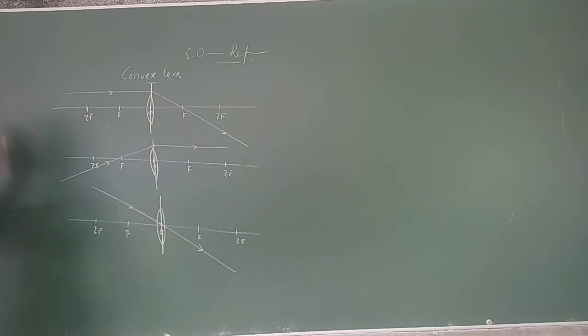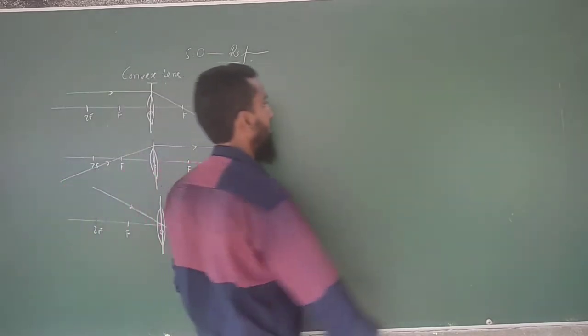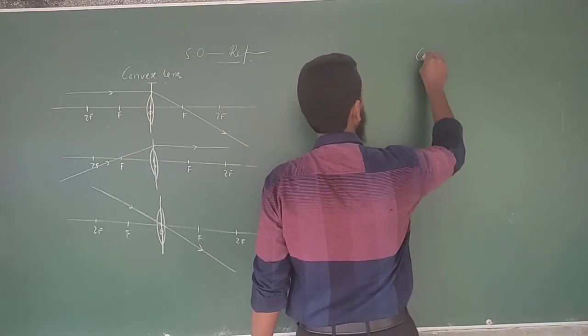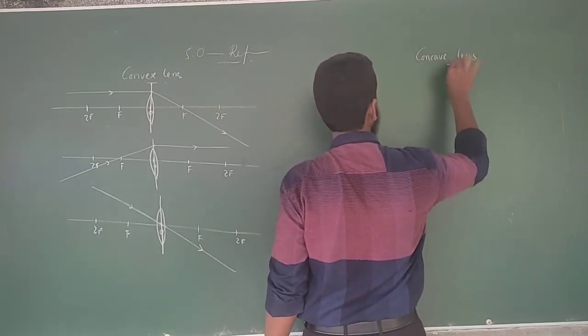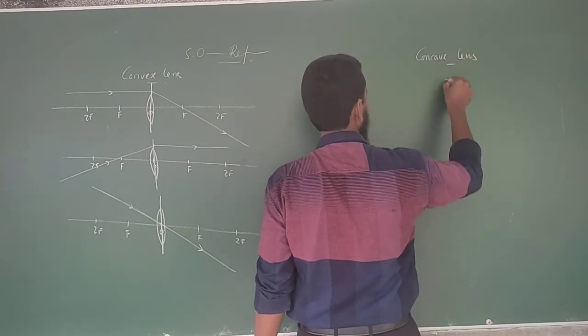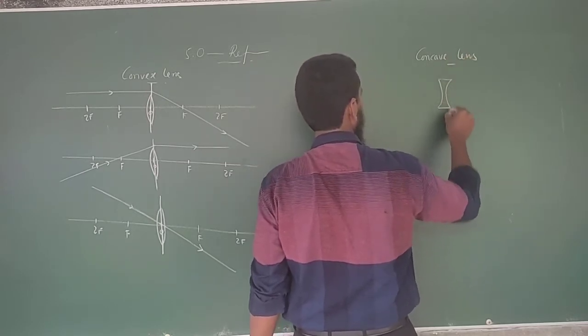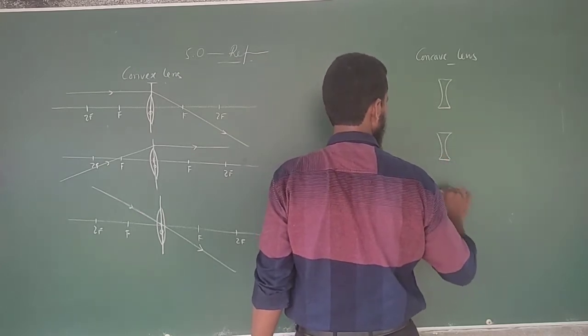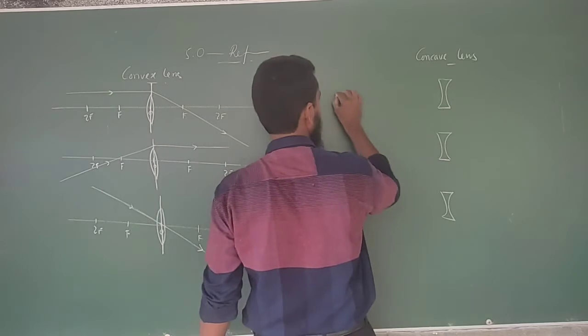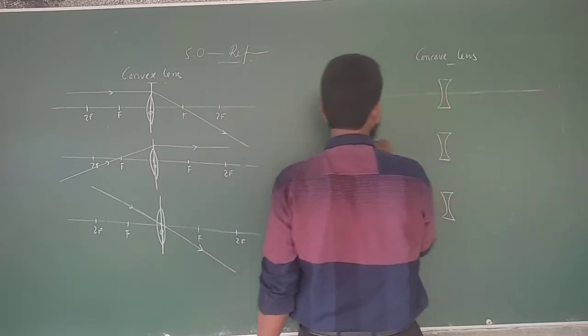These are the 3 basic ray diagrams of the convex lens. If you consider the concave lens, we'll draw 3 basic ray diagrams which are used to draw all our ray diagrams.